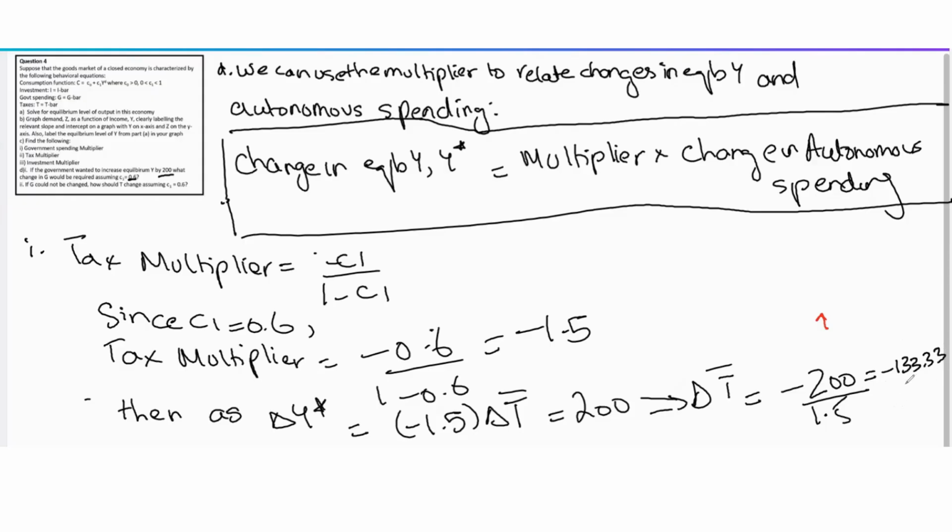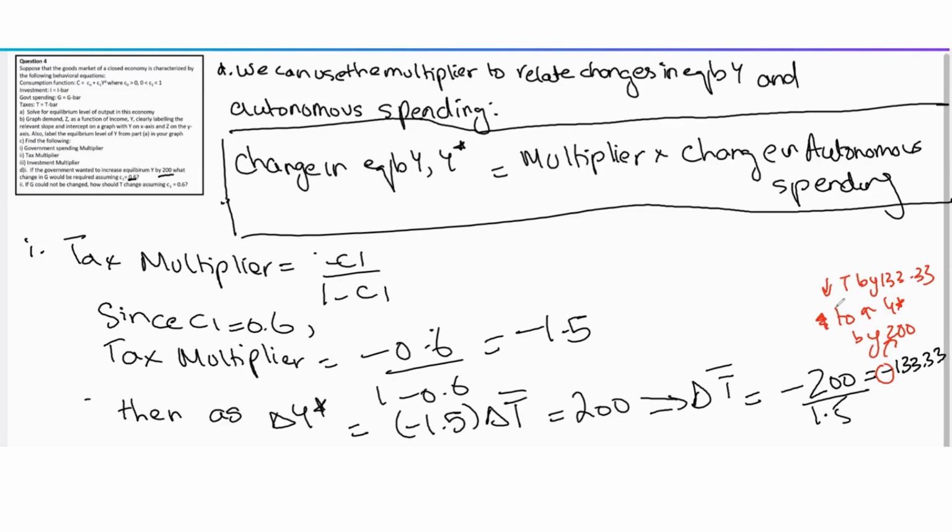The minus sign is telling you the directional change, that it gets decreased. With delta G bar, it was positive 80, right? So we said increase G by 80 units to increase Y star by 200 units. Here, because it's negative, what we're saying is to decrease T by 133.33 units to increase Y star by 200.